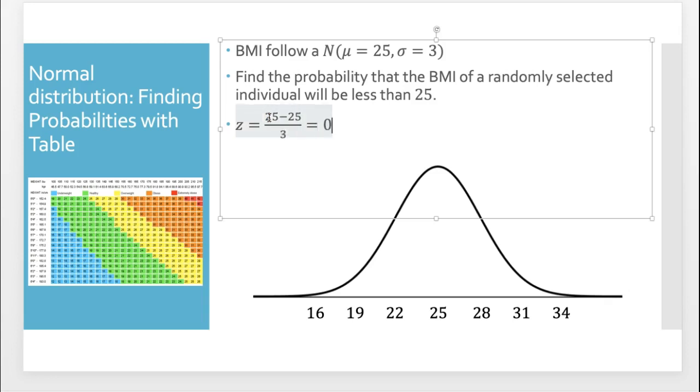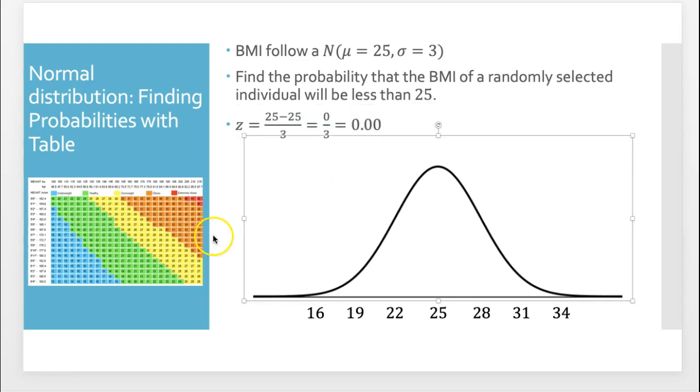I would get 0 over 3, and that would give me 0. So in this case my z-score is 0, and I can write 0.00 because the table gives me the ones, the tenths, and the hundredths.